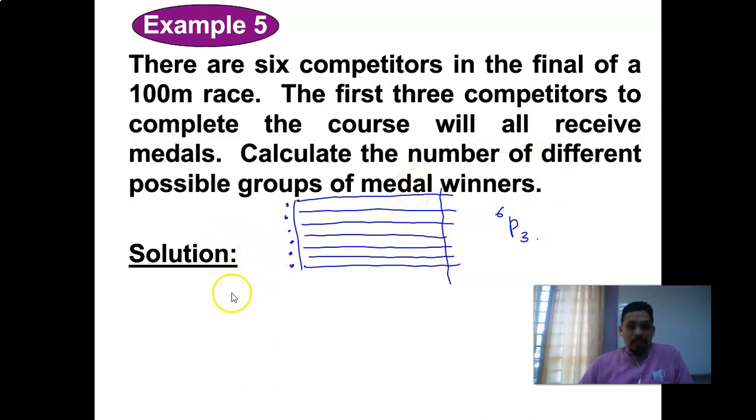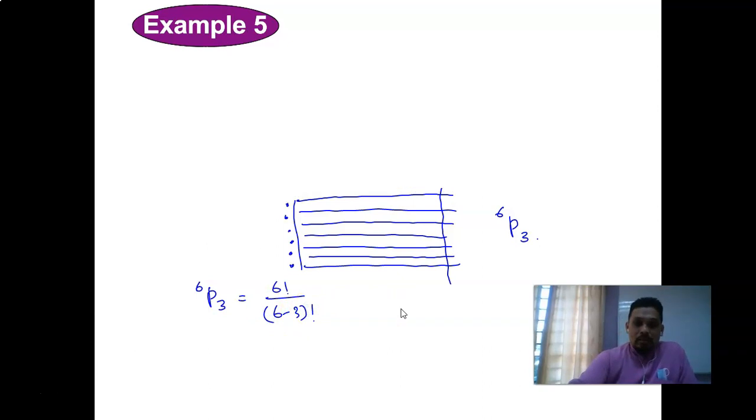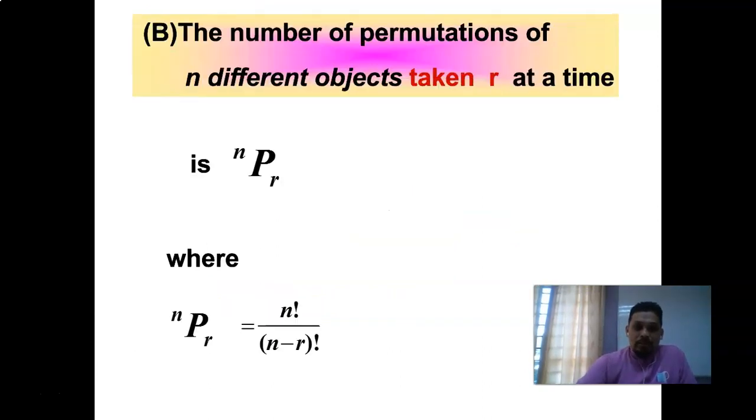So then it is 6P3, equal to 6 factorial divided by (6 minus 3) factorial. As you see, for this, it is n factorial divided by (n minus r) factorial.